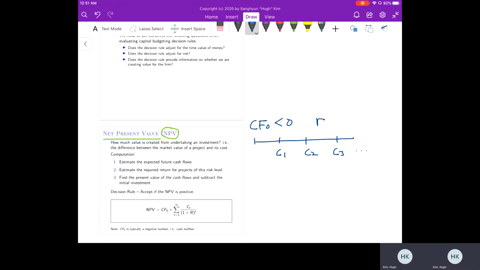Then we can find the present value of the cash flows. So C1 over 1 plus R, plus C2 over 1 plus R squared, plus C3 over 1 plus R cubed, etc. And we subtract the initial cost of the investment.